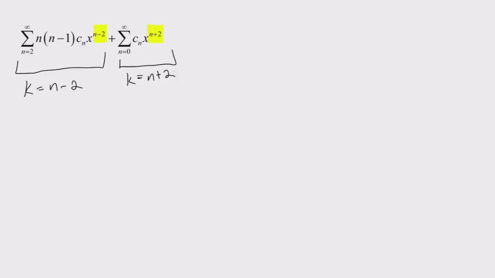Because we've got a couple of spots where we need to substitute n. So in the first pattern, n would be k plus 2, and in the second pattern, n would be k minus 2. Okay, so let's do some substitutions here.